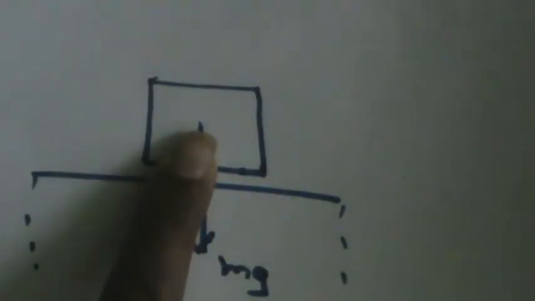So this flow will produce a force which is equal and opposite, because it doesn't want to change its equilibrium. So there will be another force which the flow is exerting on this object.